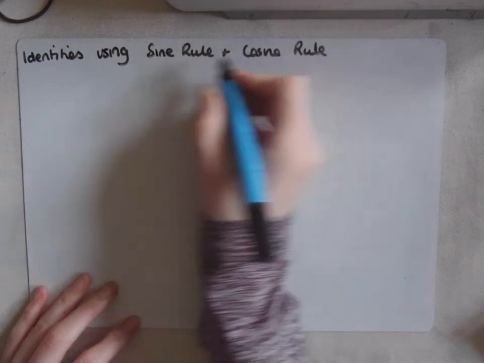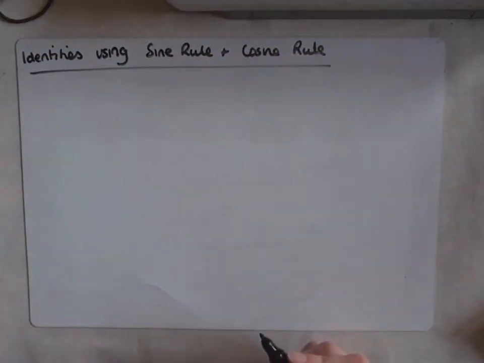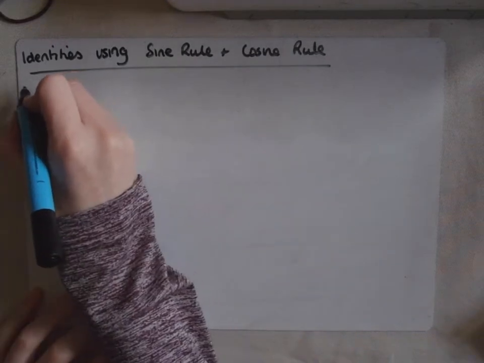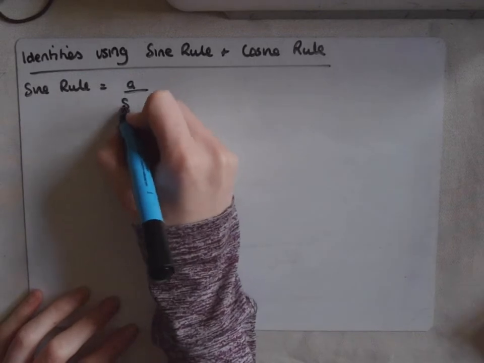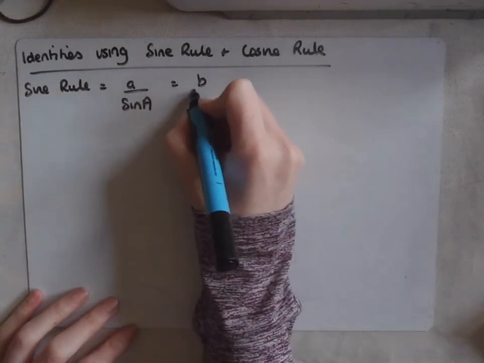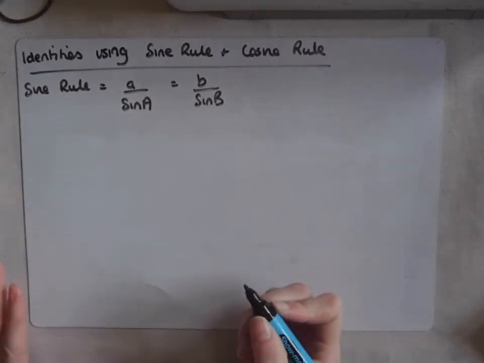Okay, so some of the identities use the sine rule and the cosine rule. You'll remember the sine rule is a over sine A equals b over sine B, or that upside down.